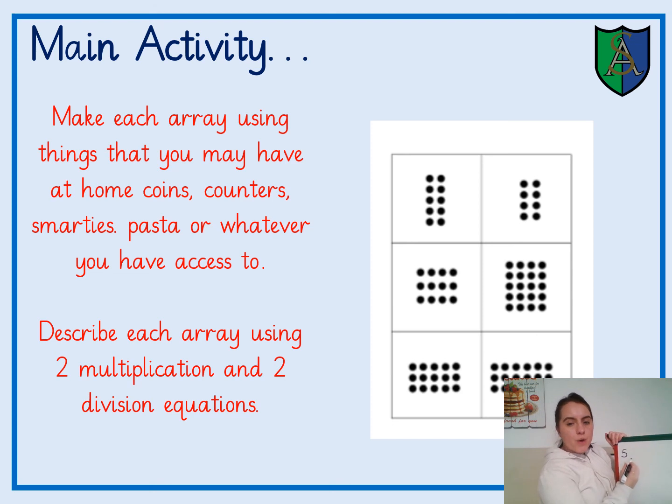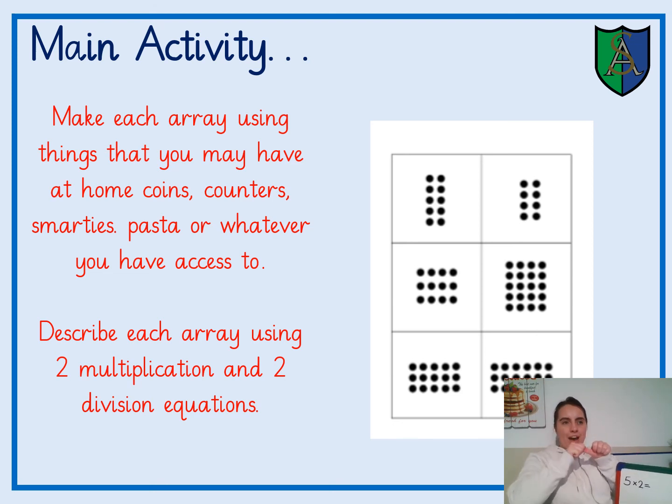So I know that to find how many there are altogether, I will need to do 5 times 2, okay? I'm going to count in my 5s until I get up to 5 times 2. So I'm going to get my fingers and count 2 fingers in my 5s to count the amounts that I need.